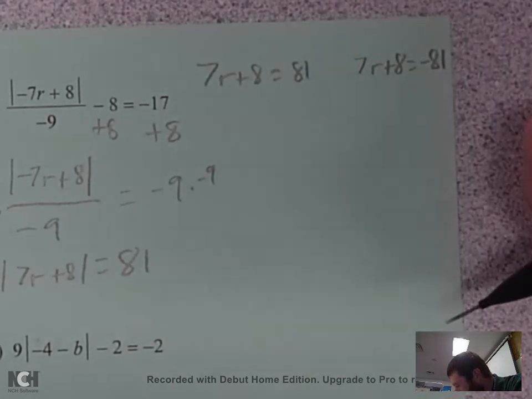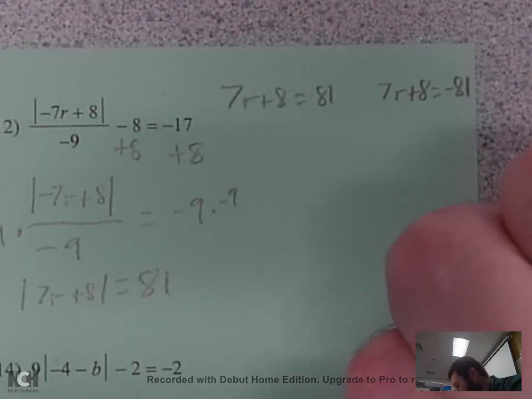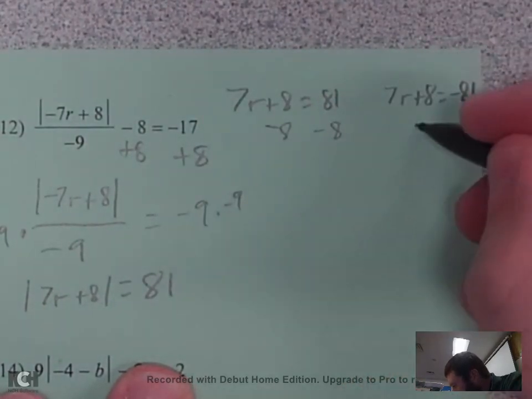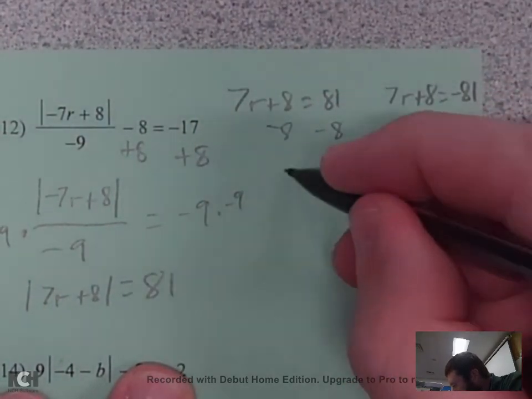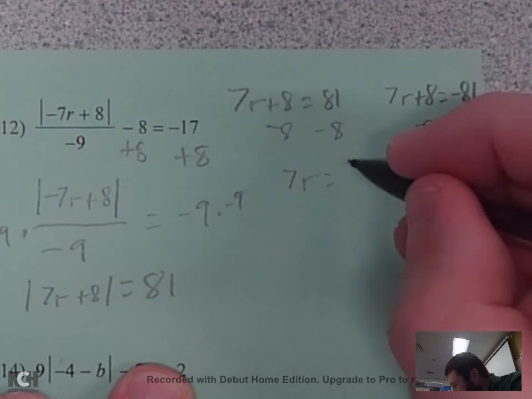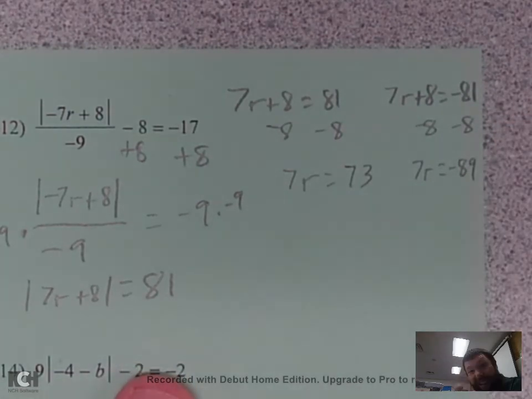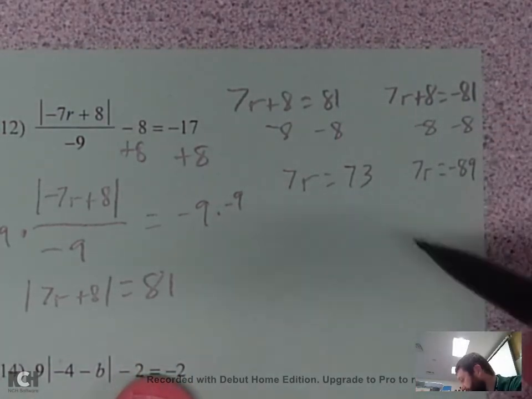So we'd minus 8 to both sides. And we're going to get 7r is equal to 73, and 7r is equal to negative 89. And these are going to be decimals, just so you know.